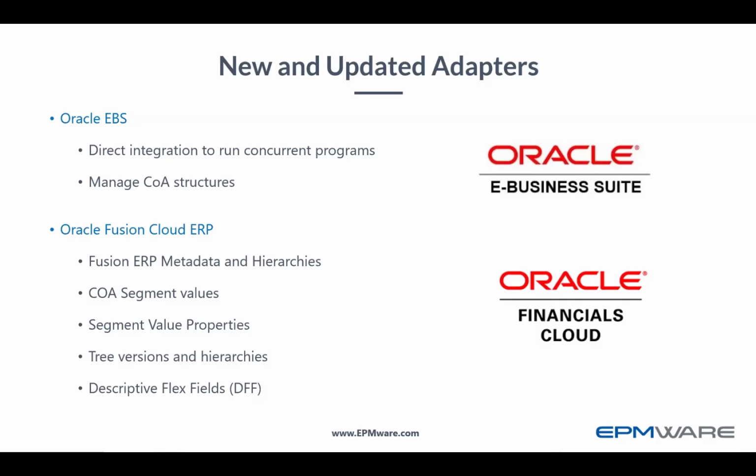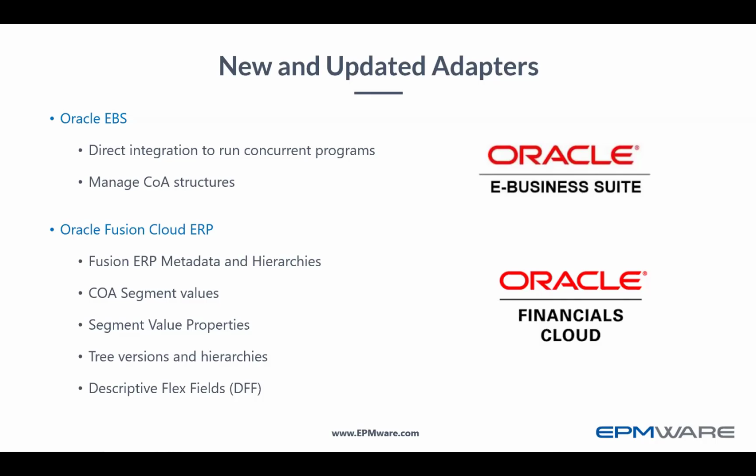The same thing kind of goes with the Fusion Cloud ERP process as well. We do support the metadata and the hierarchies, but in addition to that, the segment value properties, tree versions and hierarchies, and especially the DFF flex fields that are available.